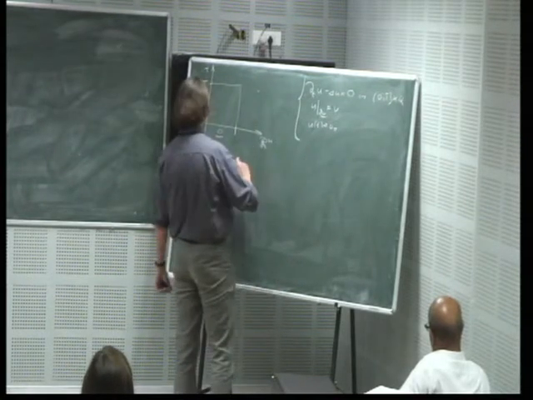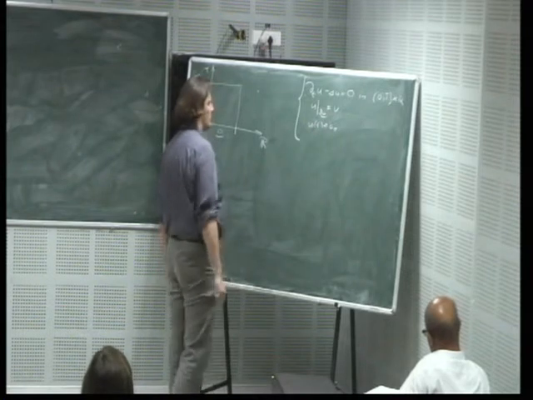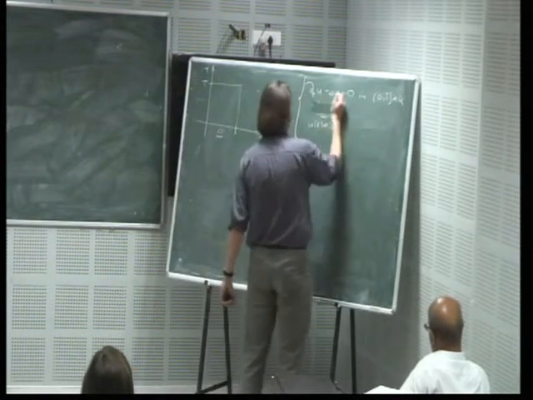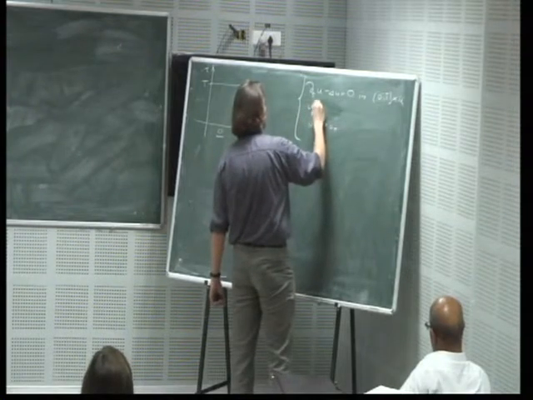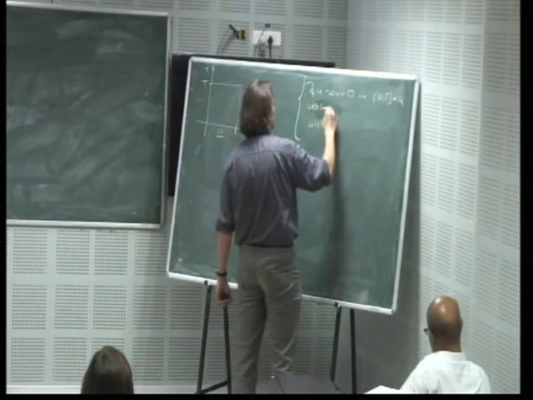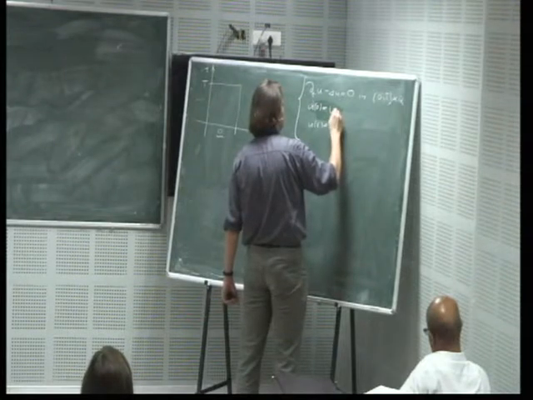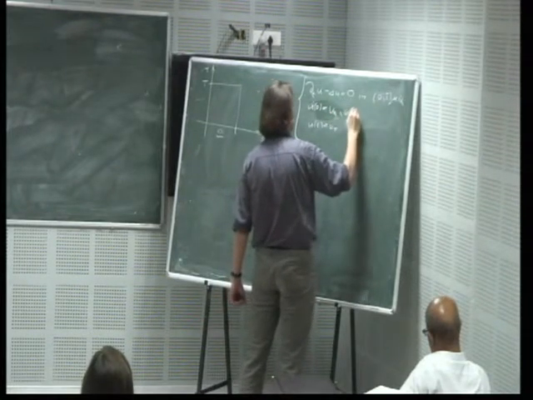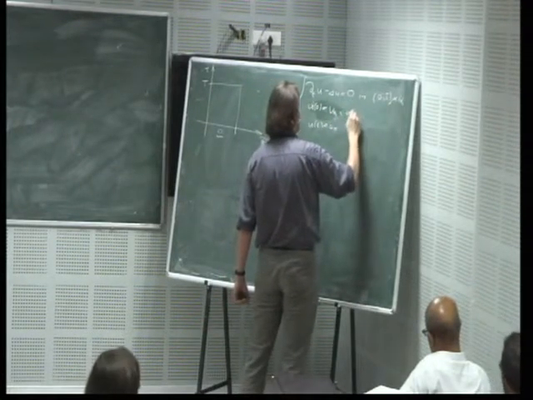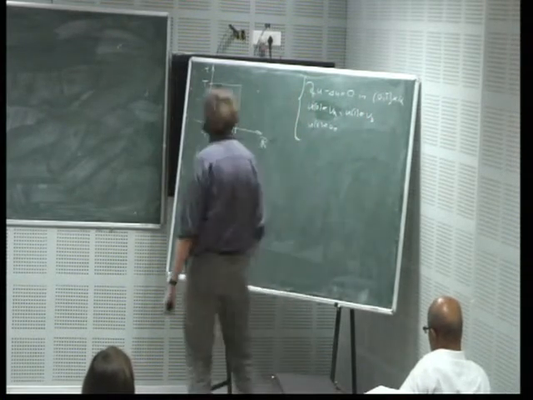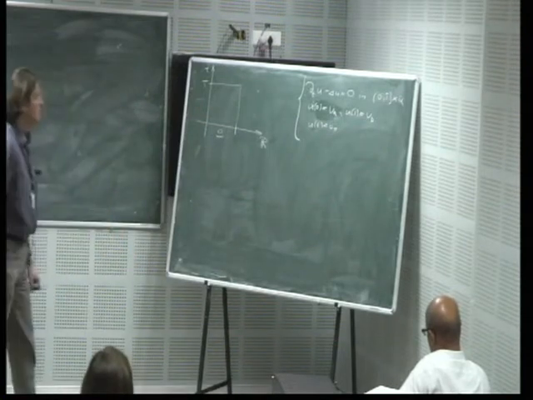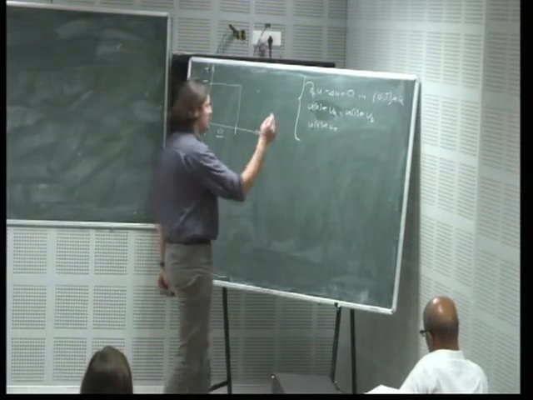Maybe just to fix attention, let's consider the one-dimensional case, in which case we'll have two boundary conditions: u at 0 is equal to, let's say, v_A, and u at 1 is equal to v_B. So that's our governing equation.